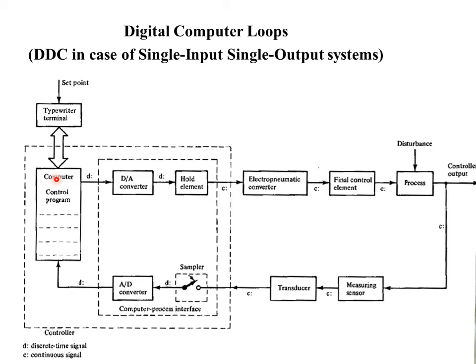These PID algorithms ultimately generate the output, and this output goes to the D to A converter. So we have the digital form, and then finally with every D to A converter, as you must have studied in some other courses, we have to have a kind of hold element. Once we have the hold element, this digital signal, converted into a discrete signal, gets converted into a continuous signal, and thereafter the same old story takes place as in the case of continuous controllers.